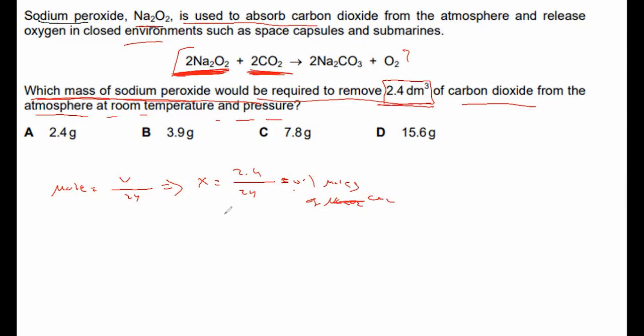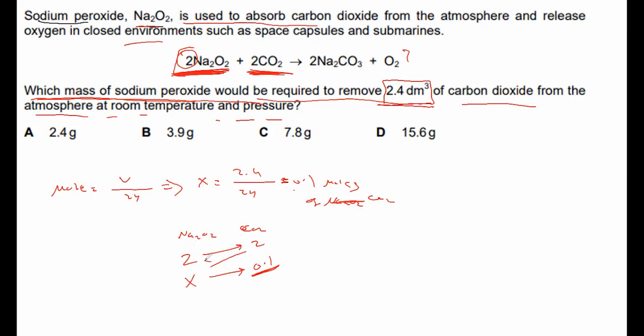Required for this process. So we know that 2 moles of Na2O2 are required to react with 2 moles of carbon dioxide. We need to remove 0.1 of carbon dioxide. So what's the number of moles of Na2O2 required?